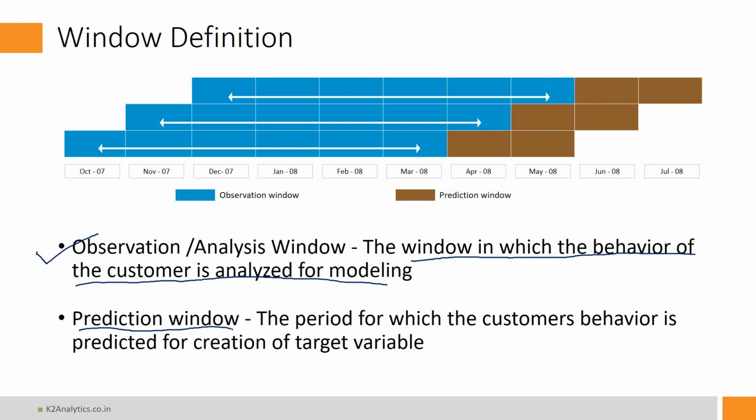Now, when I got a model, I got some rules or an equation, and those rules were saying who is going to be 1 and who is going to be 0. Those rules or that equation I now apply on December, January, February data. And when I apply those rules, is it not going to tell me who is going to be 1 and who is going to be 0?